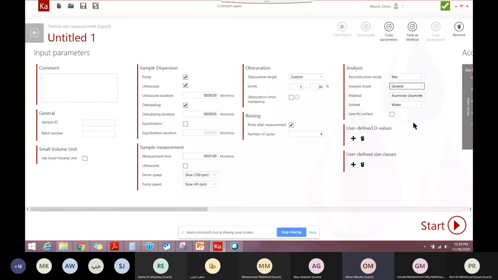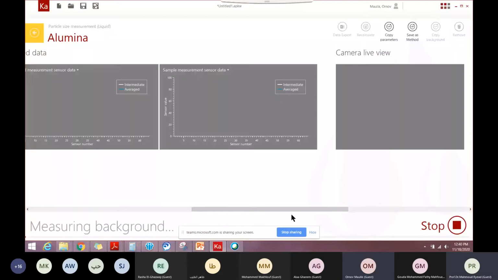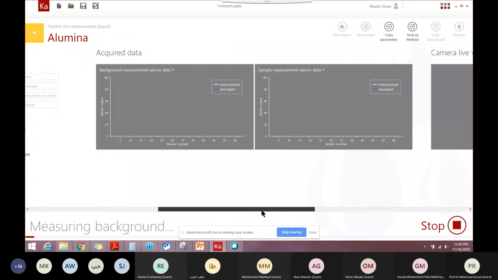Then the only thing you need to do is name the sample you want to measure, and start the measurement. You can check whether your tank is filled or not, and then you can start with the background measurement. So you can see this background measurement which is coming over.